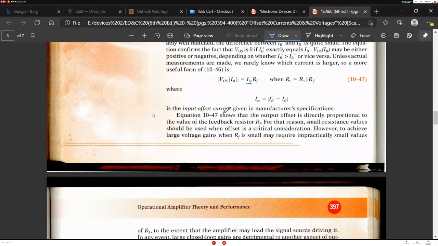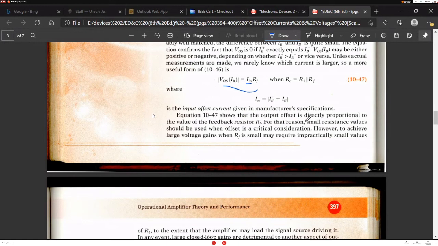So what this is telling you overall is that if the input offset current is given in the manufacturer's specification sheet, which is IB plus, that's what the manufacturer is going to give you, right? So if they give you this, you can actually use equation 10.47, which is right here.